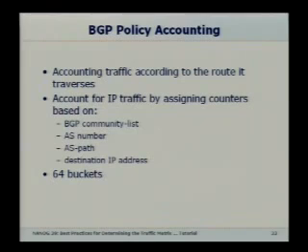So it's simple, it works good, but you can only count traffic to 64 destinations. This might not be that bad, because here we have another example on where you might not need to count all the traffic. If with 64 buckets you can actually count 90, 95, 98% of your traffic, you might be perfectly fine with the solution. As far as I know, this is a Cisco-specific solution.